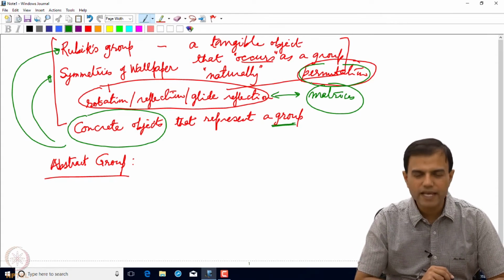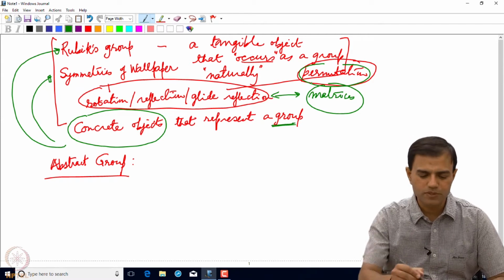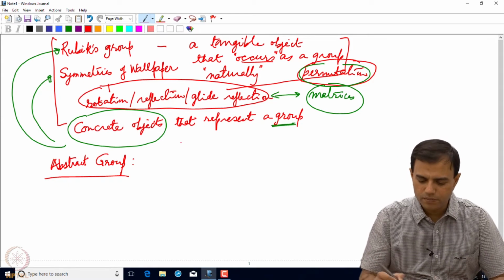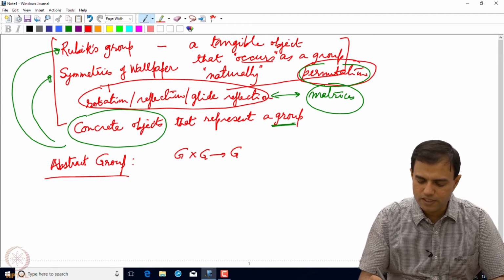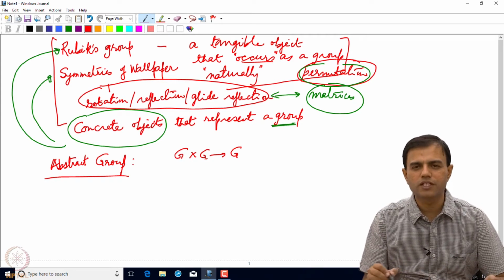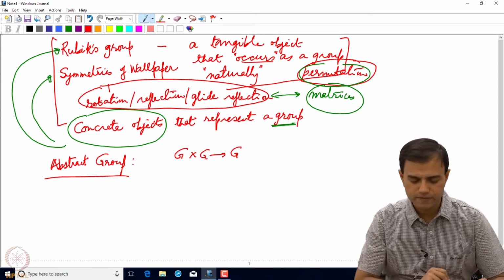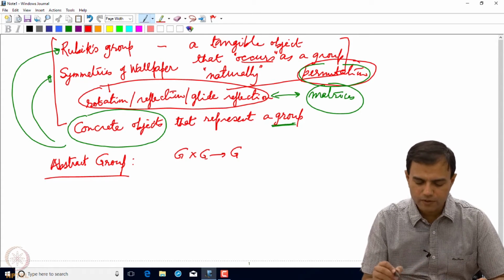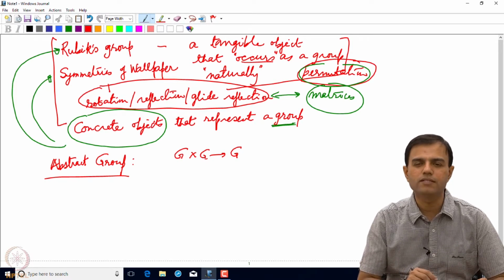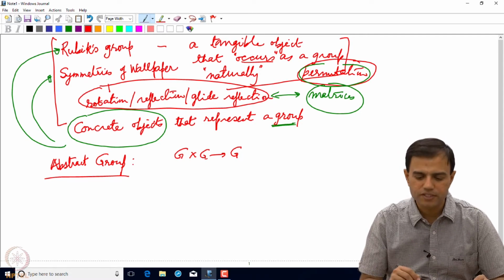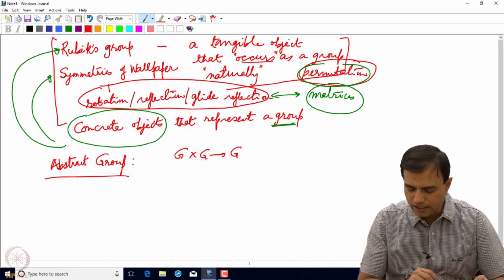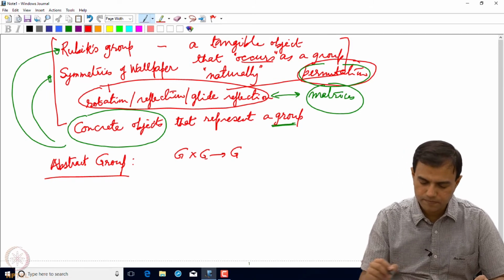And the statement is that any abstract group, what is an abstract group? Any group that satisfies all those properties in the definition of group: associativity, existence of identity, existence of inverse. So any abstract group actually can be thought of as a group of permutations. Any abstract group can be thought of as a group of matrices, and that's quite relieving, that's quite an interesting thing.